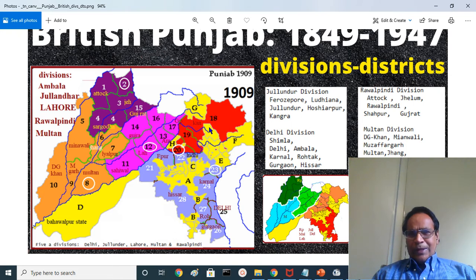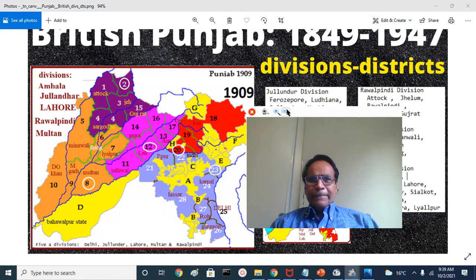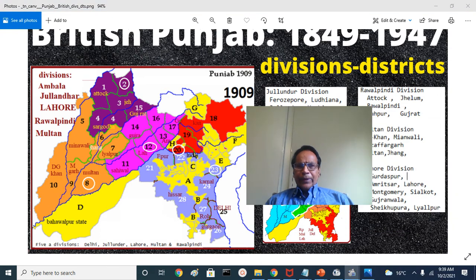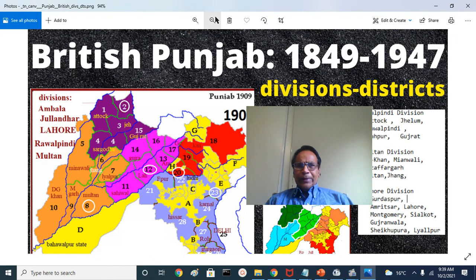It was a princely state of Mandi, then the princely state of Suket, and the princely state of Chamba. So the Kangra district with Kulu and Lahul and Spiti, and Hoshiarpur district, Jalandhar district, Firozpur district and Ludhiana districts, these came under the Jalandhar division.